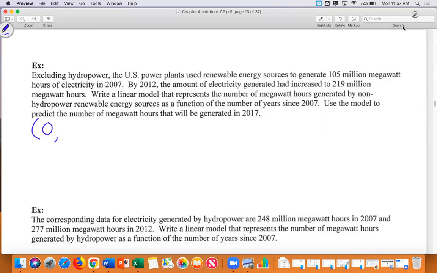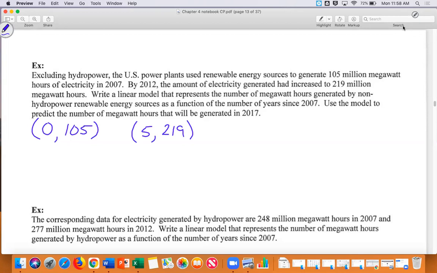In 2007, I generated 105 megawatt hours. Now, 2012, Chucky, how many years since 2007 is 2012? 5. And that corresponds to 219 megawatt hours.